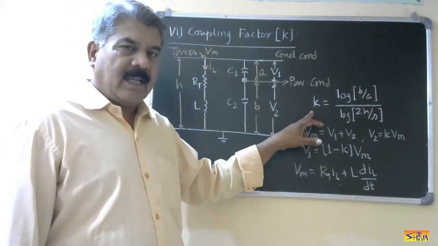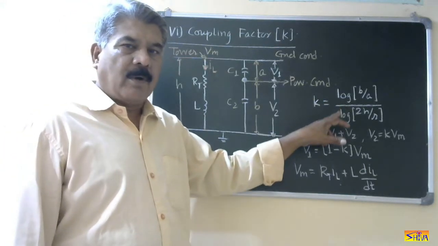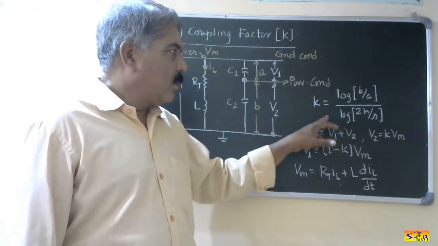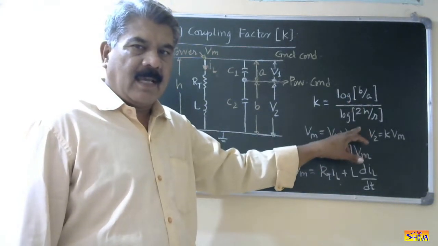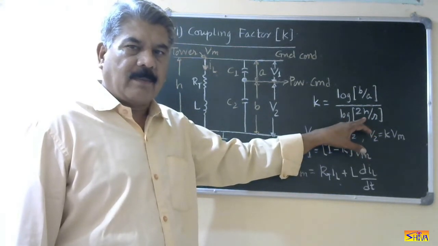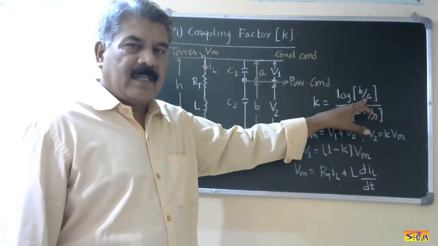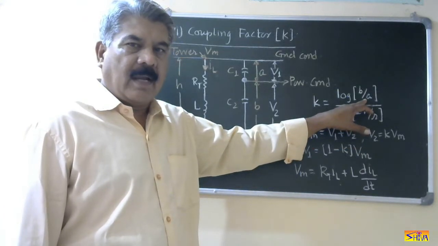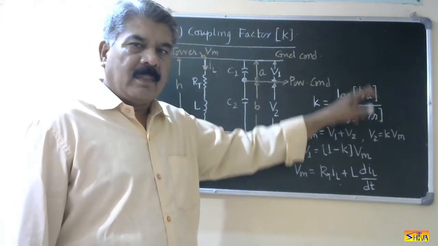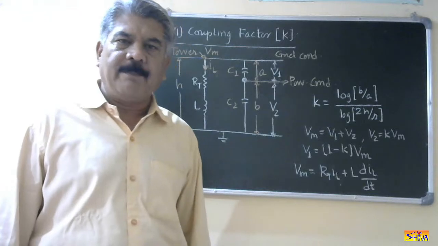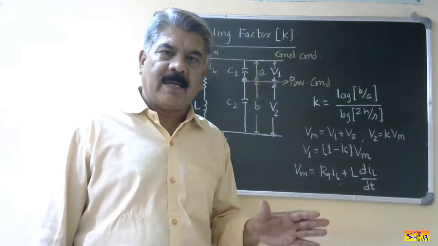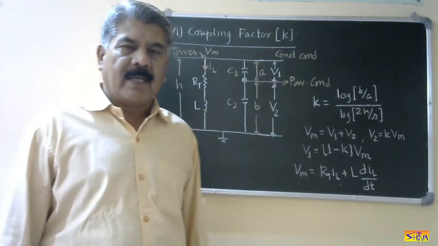Then coupling factor K is given by log of B upon A divided by log of twice H upon R. So here B, A, H and R are all decided by the mechanical considerations. So we can say that K, the coupling factor, is decided by mechanical considerations.